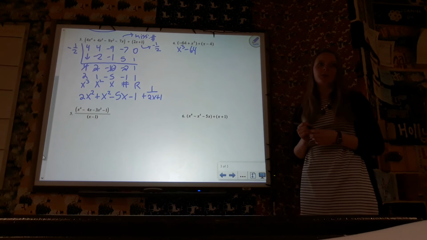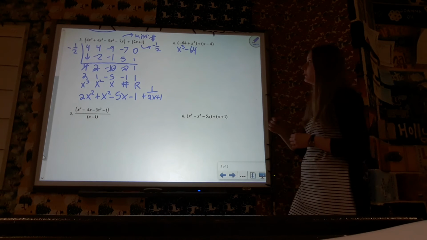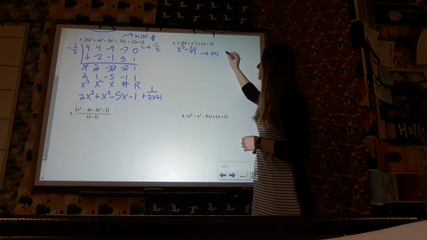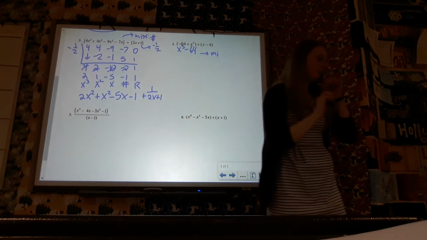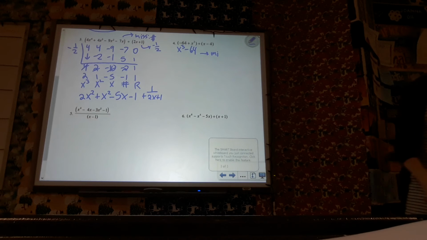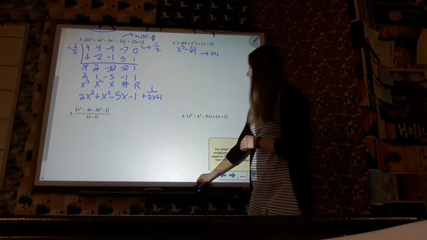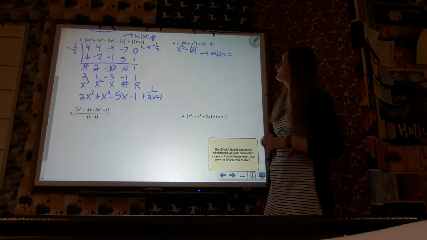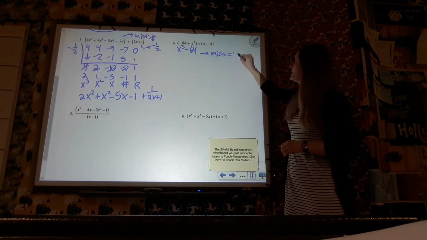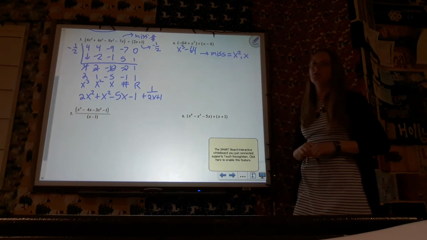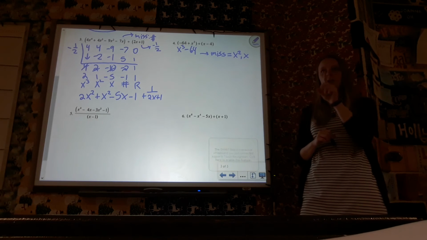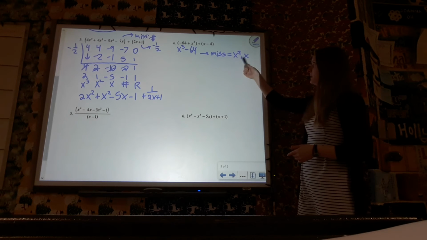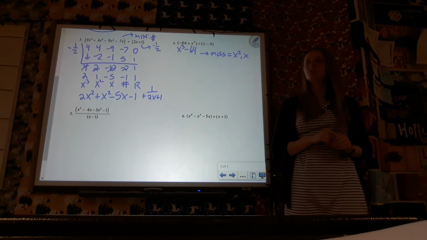So what's missing from the standard form? So I have x cubed, but I don't have x squared or x, and then I do have the number without a variable. So I'm missing 2 pieces of the 4.